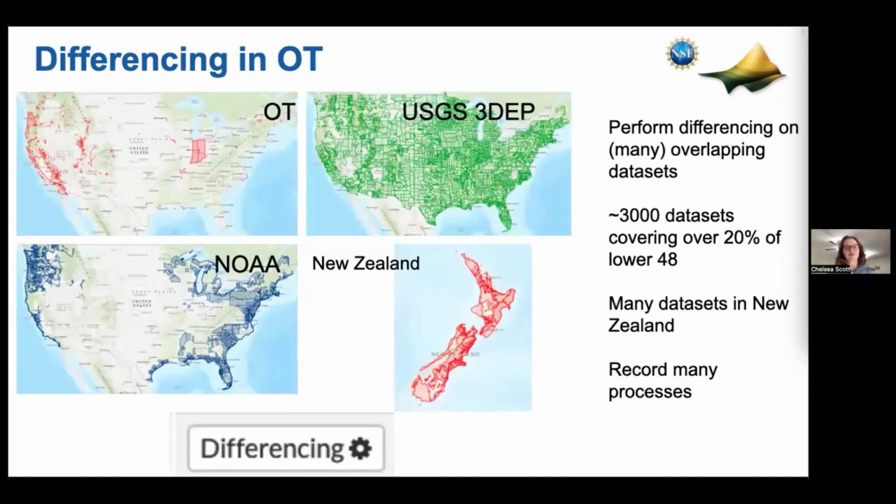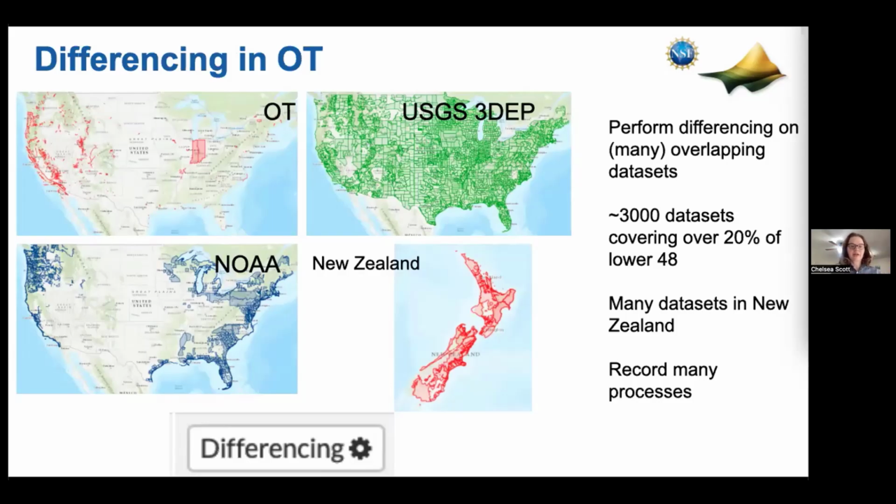This next slide looks at where you can conduct topographic differencing in OpenTopography. To conduct topographic differencing, we do need overlapping data sets, and these slides show coverage of these different types of data.